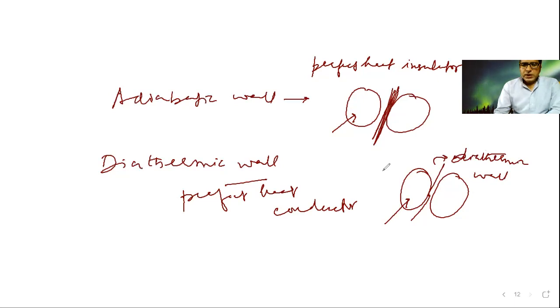So when two systems are separated by a diathermic wall, changing the macroscopic variables of one system will affect the macroscopic variables of the other system. And thin metal wall is a good approximation of this diathermic wall. Common name is perfect heat conductor. An adiabatic wall is thick asbestos wall. If two systems are separated by an adiabatic wall, you can make change in the macroscopic variables of one system without affecting the macroscopic variables of the other system.